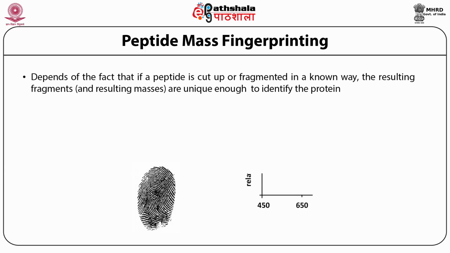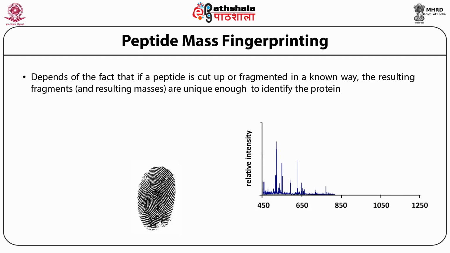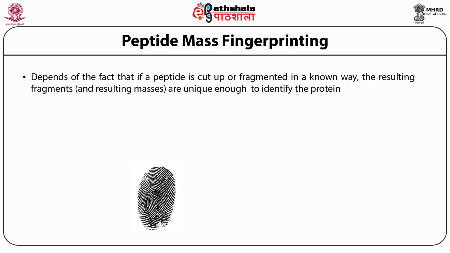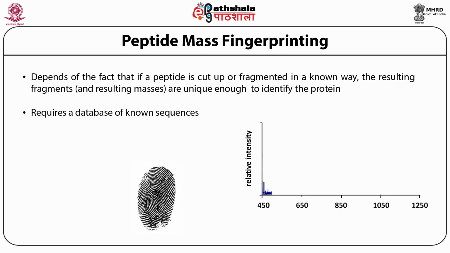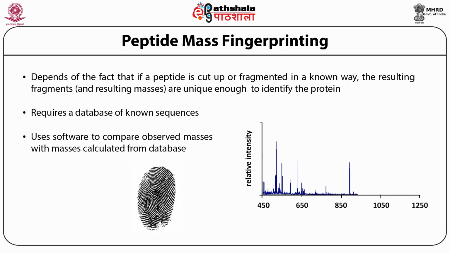It depends on the fact that if a protein or peptide is cut up or fragmented in a known way, the resulting fragments or masses are unique enough to identify the protein. This technology requires a database of known sequences. It uses software to compare observed masses with the masses calculated from the database.